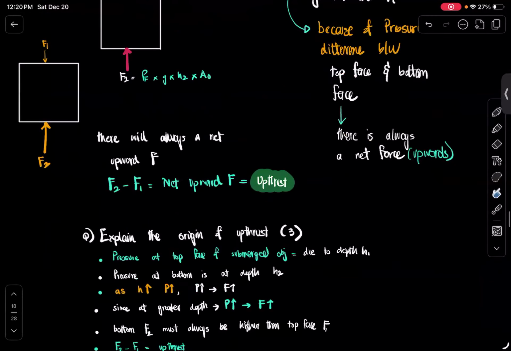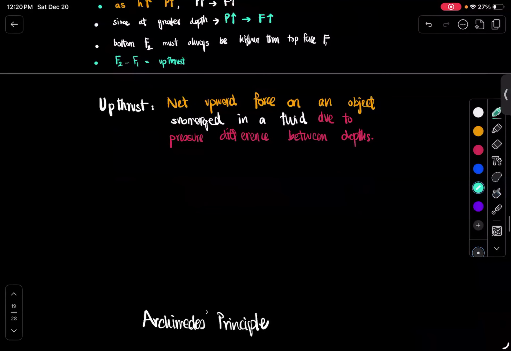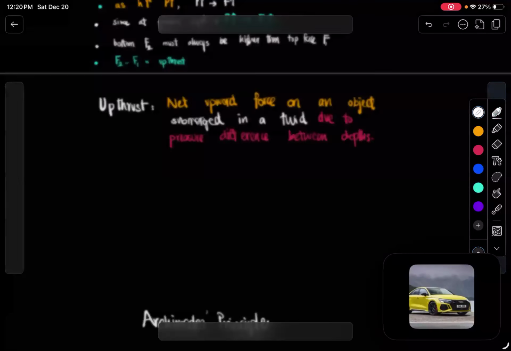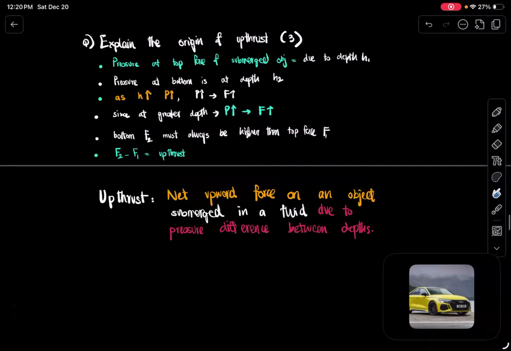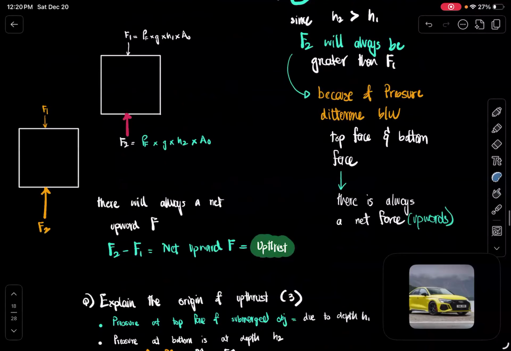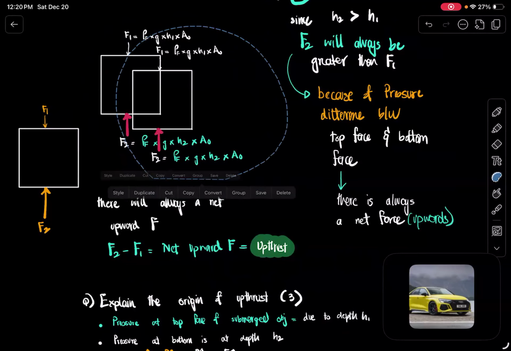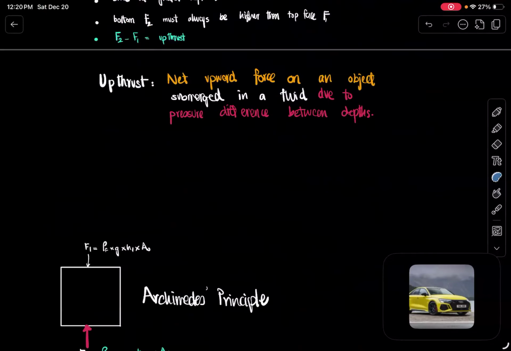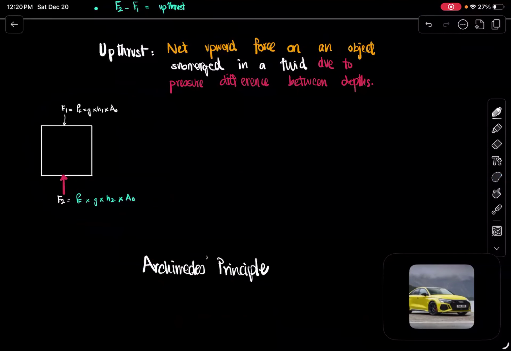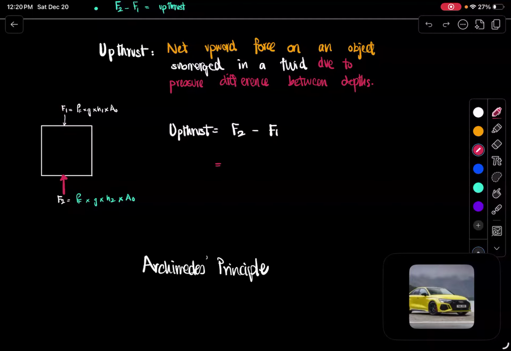Now, let's generalize an expression for upthrust. This is an important one. We know that upthrust is basically the difference of these forces: upthrust is equal to F2 minus F1, because it's the difference of these forces that causes a net upward force due to being immersed in the liquid.